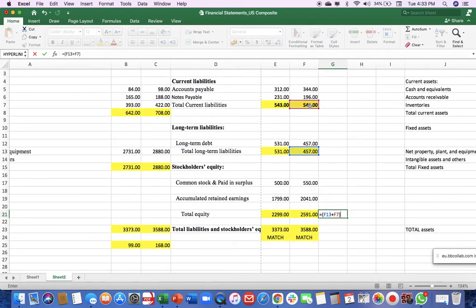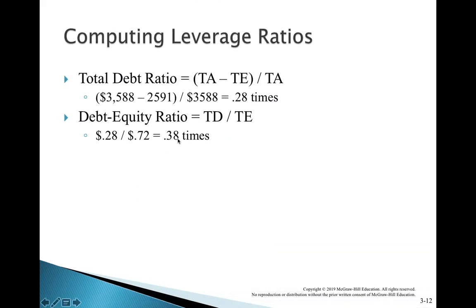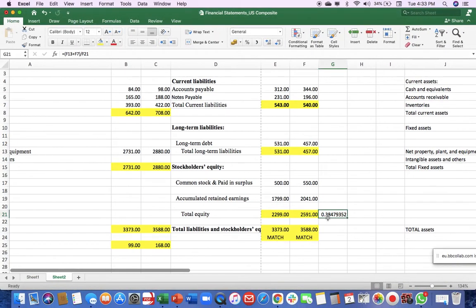Total debt divided by total equity is equal to 0.38 times. You can see here 0.38. You reduce the decimal, so it will be 0.38. So what I have done is, in the numerator I have written the debt, in the denominator I have written the equity.